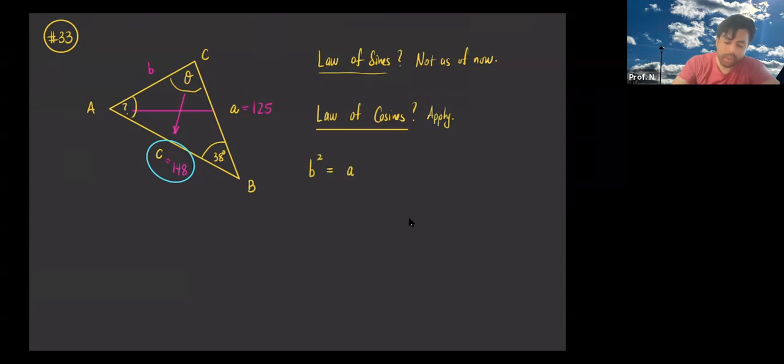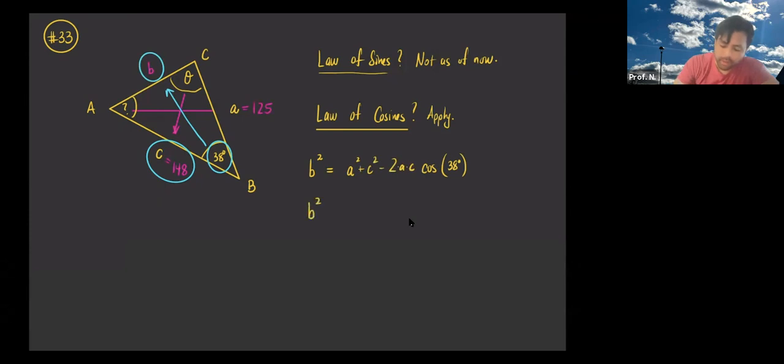First of all, we have to recognize that this angle is opposite the missing side, right? So we know for a fact that b is going to be related to cosine of 38 degrees. And then we have a squared plus c squared minus 2 times a times c. I know what a is, I know what c is. So now I just have to plug in.